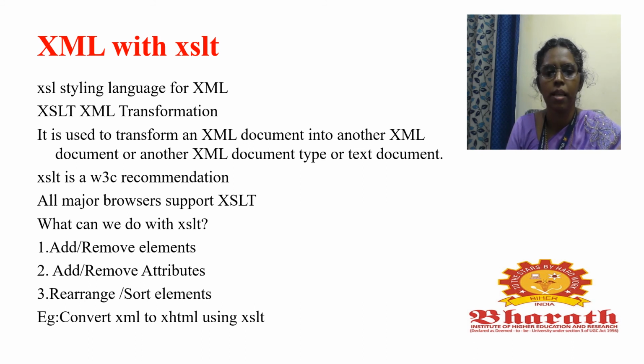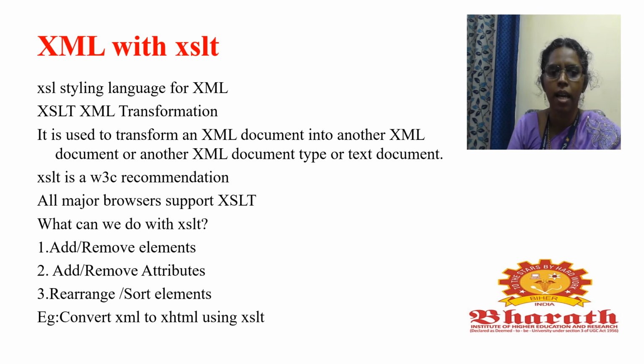So using this XSLT, we can add or remove the elements. We can add or remove the attributes. We can rearrange the elements or sort the elements. Suppose if we are having one employee tag, within that we may have the attributes first name, last name, etc. So if you want to add any elements within the XML program using this XSLT, we can easily add or remove the elements.